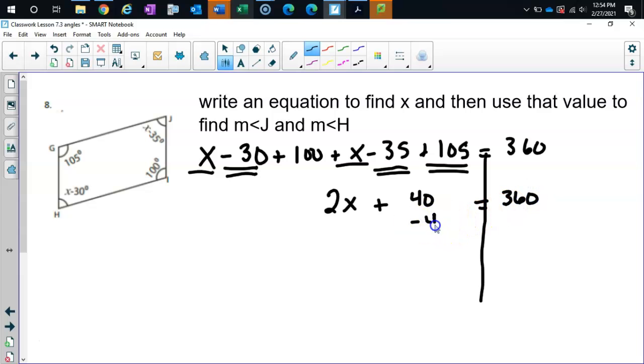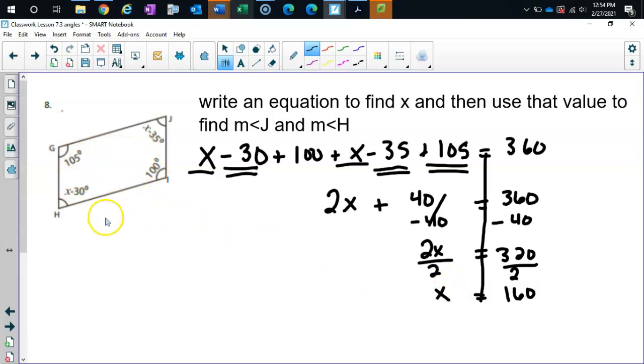I subtract 40 from both sides, and I get 2x is 320. Divide both sides by 2, and I get x is 160. Now, I'm going to tell you right now that the math in this polygon is off. So we are not going to find J and H. The way they have this set up, it does not work.